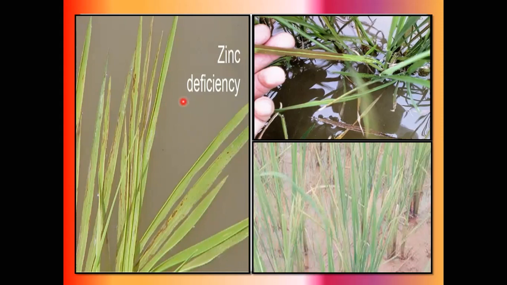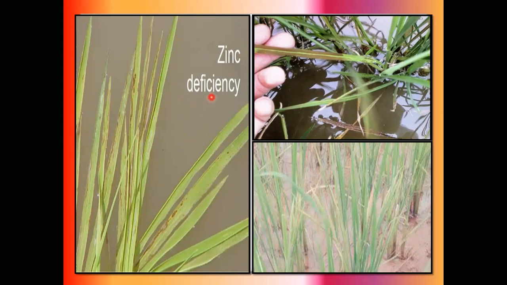Then the farmer irrigates using sewage water. This sewage water has a higher percentage of phosphate, and it is generally used for irrigation purposes, so the disorder is produced.